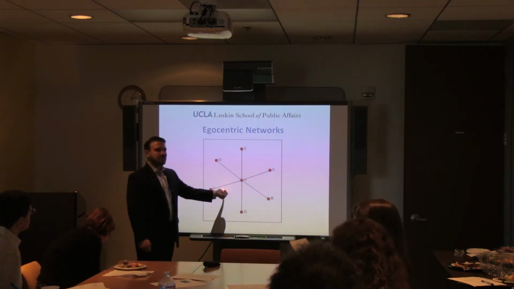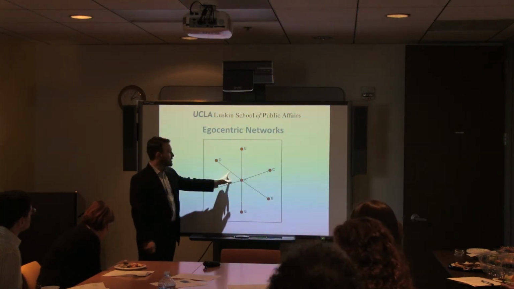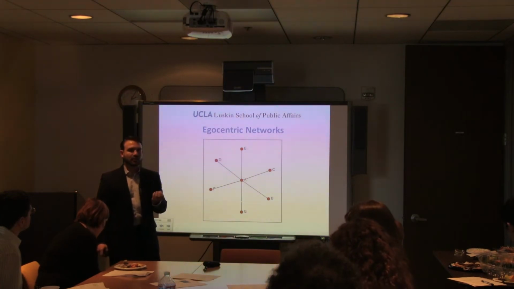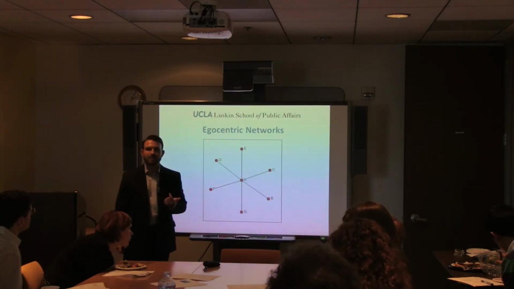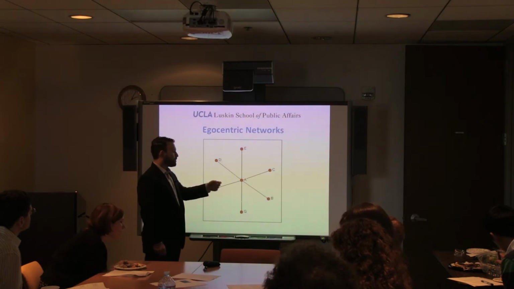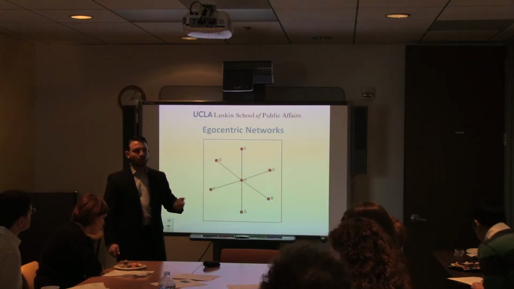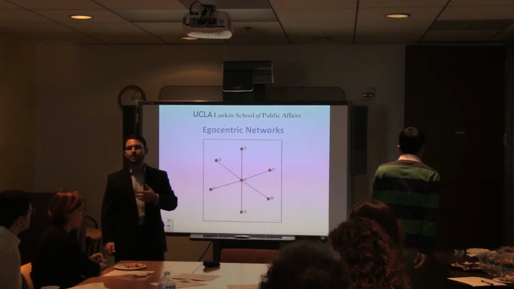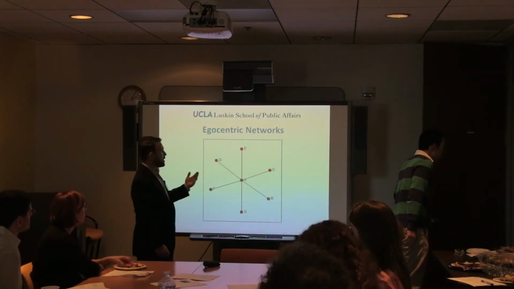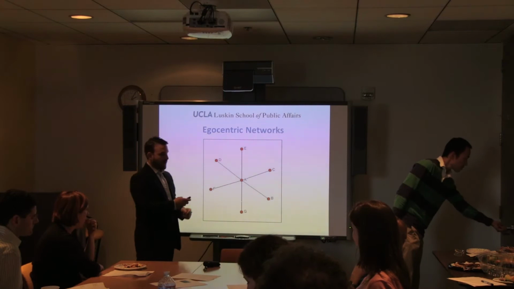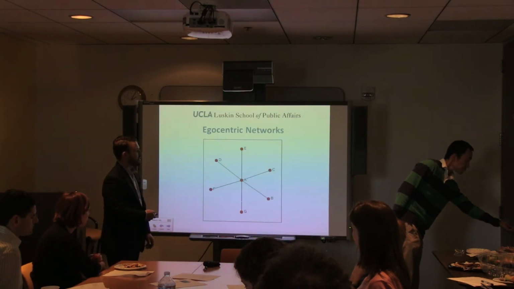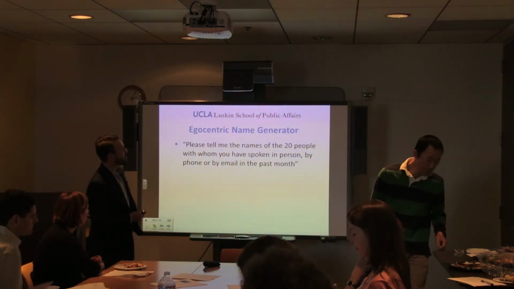But the ties are just as important as the nodes. The ties represent some meaningful connection. So in egocentric networks, we often ask individuals who they can go to for social support, or who they can go to for $25. And those should be given equal attention to the people themselves.